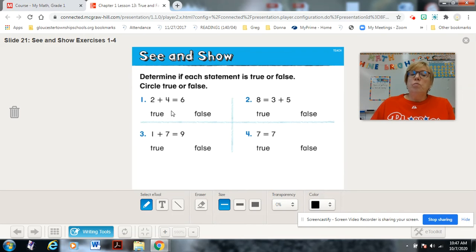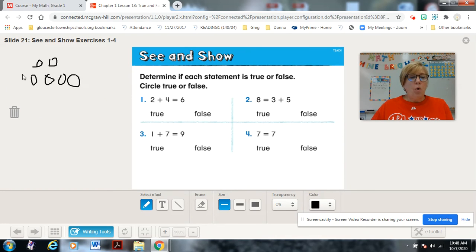So while I read this to you, you should be using your counters, okay? 2 plus 4 equals 6. All right, so here's 2. 1, 2. Okay, then they had 4. 1, 2, 3, 4. Okay, now it said equals 6.